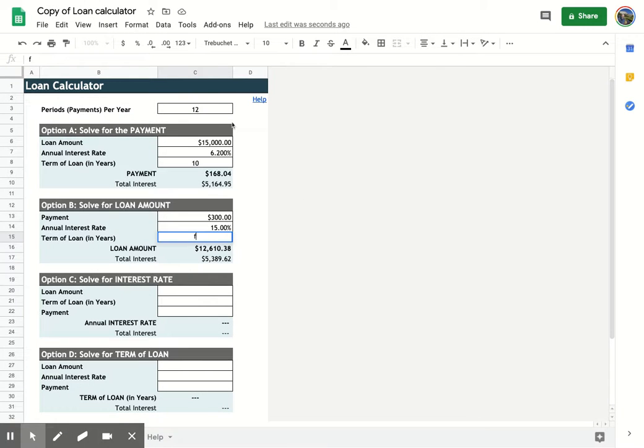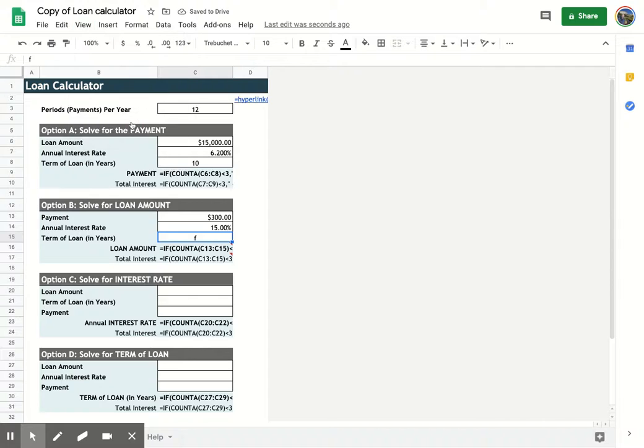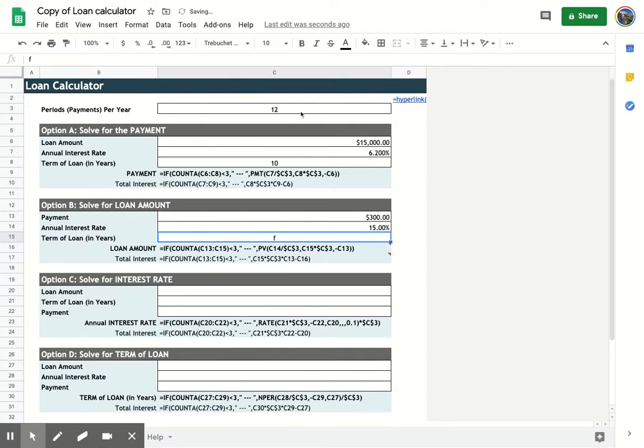Now, in terms of the formulas that are behind this spreadsheet, this is just a Google Sheet, similar to Excel or any other kind of spreadsheet. If I click on View and say Show formulas, you'll see that the formulas come out here. They may look very difficult, but they're really not as difficult as they appear.